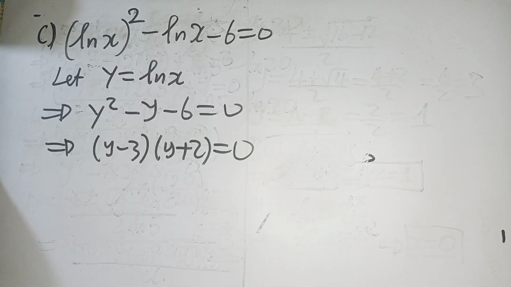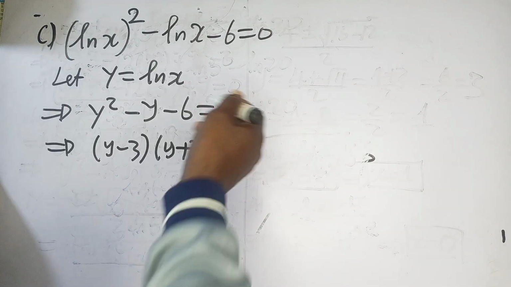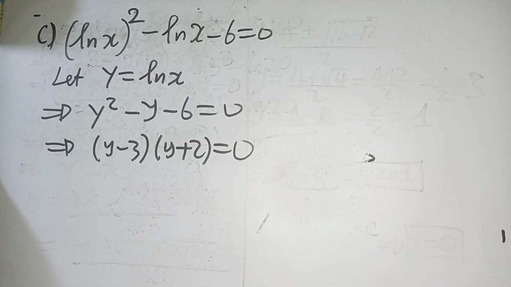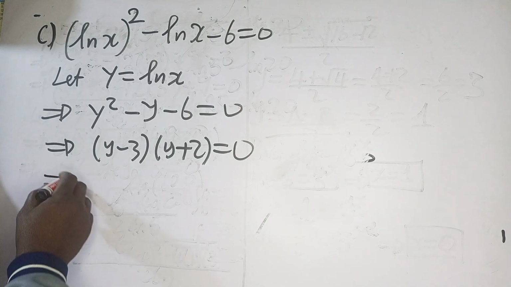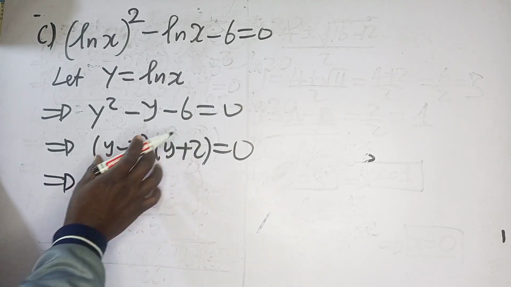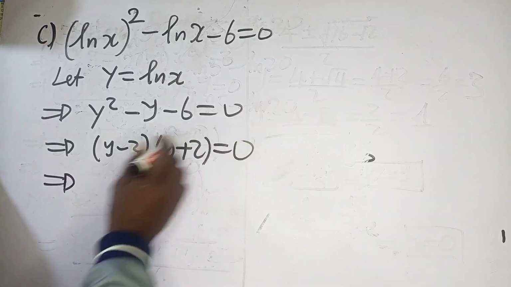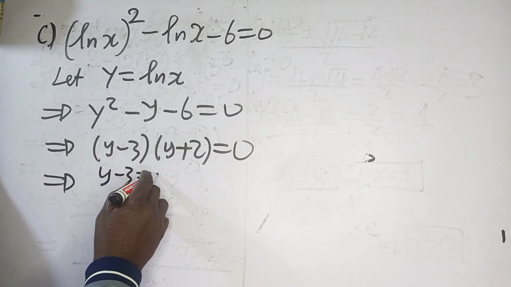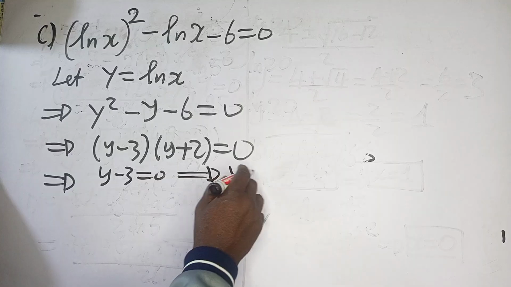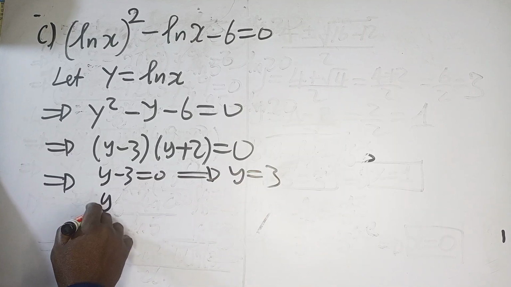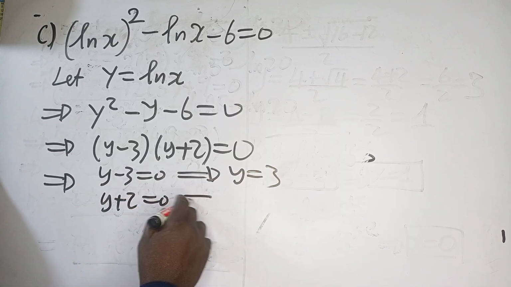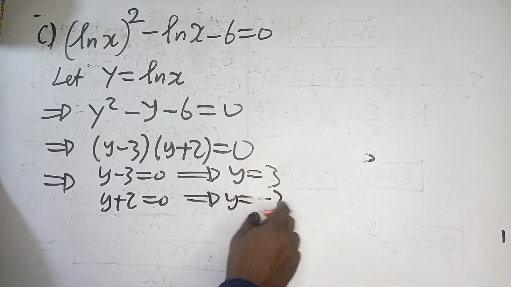You know how to move from roots to factors and factors to roots. So if this expression multiplied by this expression gives us 0, it means either this is 0, which means y equals 3, or this is 0, which means y equals negative 2.